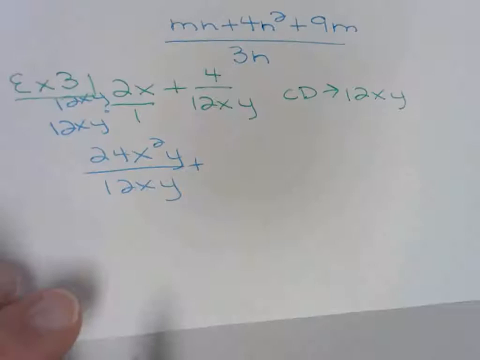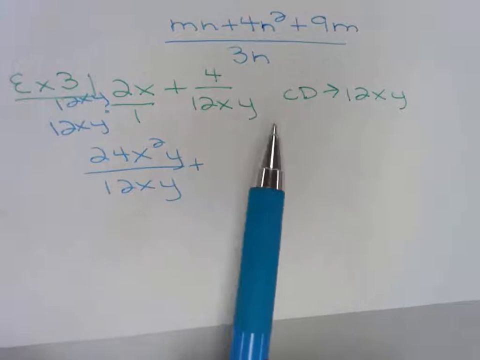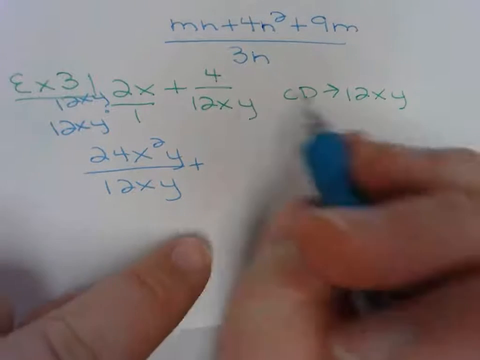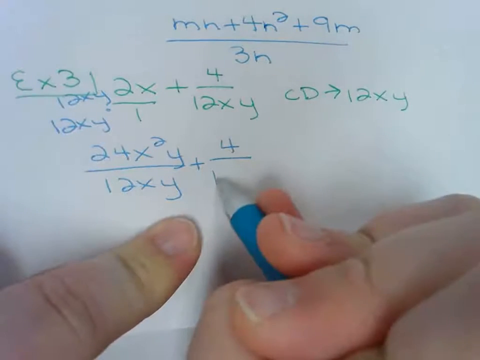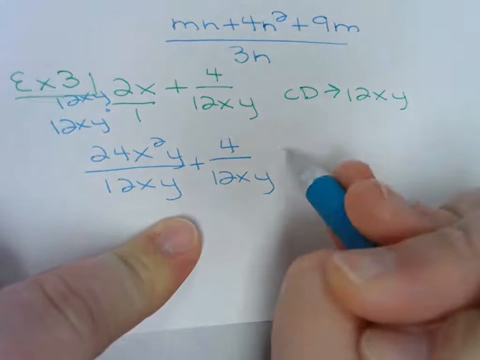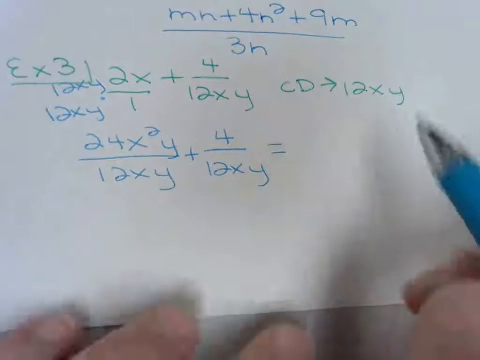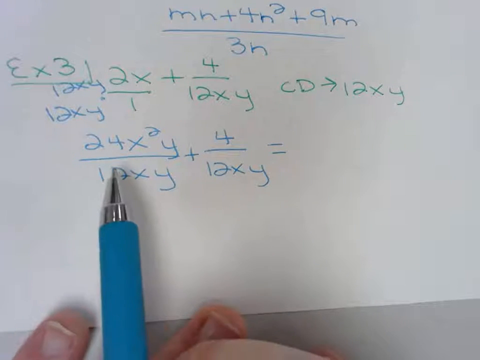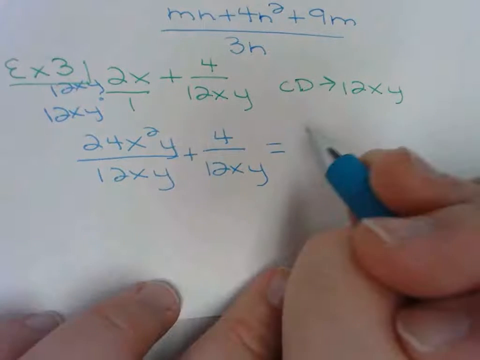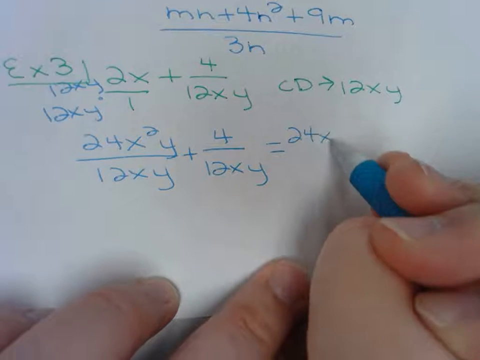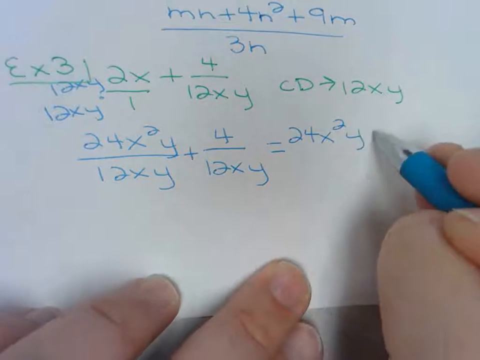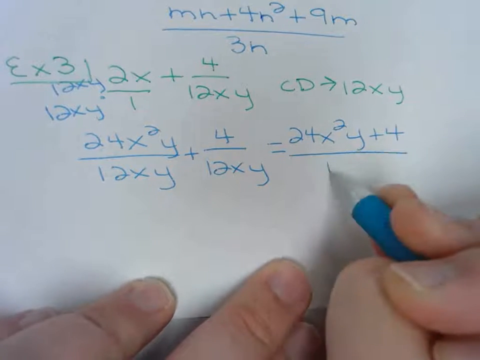If I look at my second fraction, I already have a 12xy. I don't need to multiply it by anything, so I keep it 4 over 12xy. I have common denominators, so I can add the numerators, which I can't combine, so you just keep it 24x squared y plus 4 over 12xy.